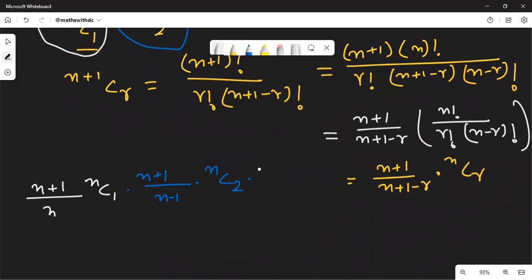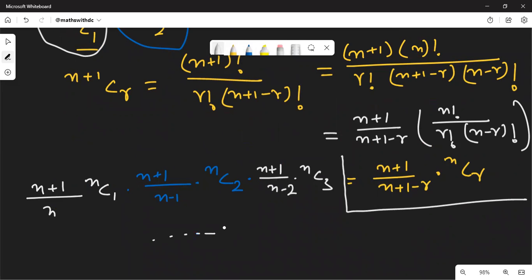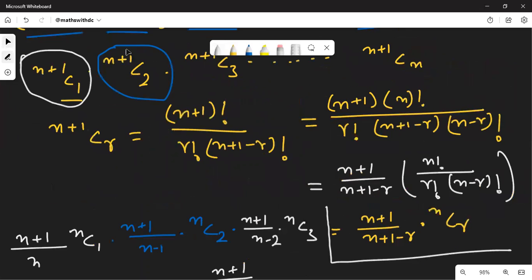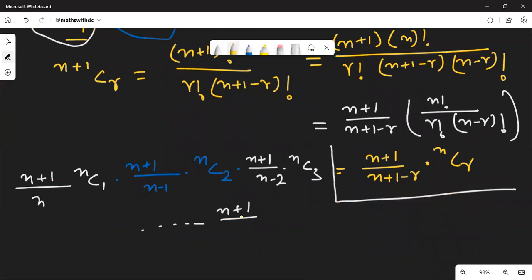So that would be n plus 1 divided by n minus 2, right? r equal to 3 will give you this, and nC3. And we want to continue, keep multiplying. So this will go on. The last one was n plus 1 Cn. So for r equal to n, n plus 1, n minus n is gone, and nCn, and you'll get this thing.